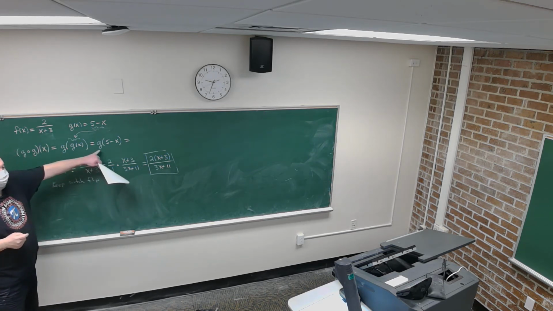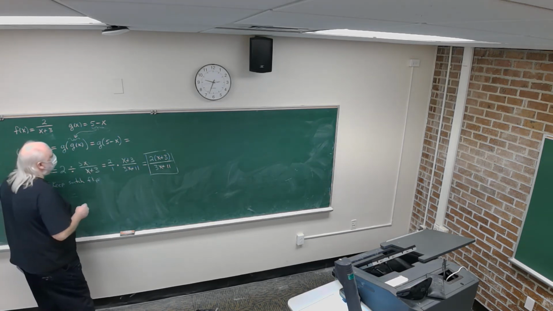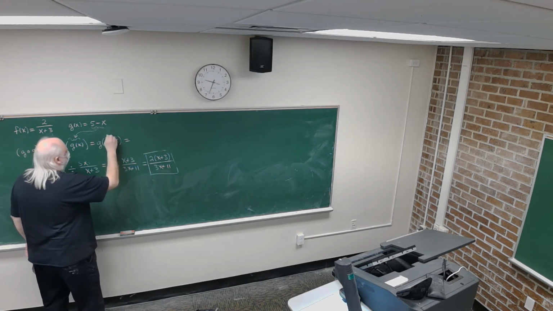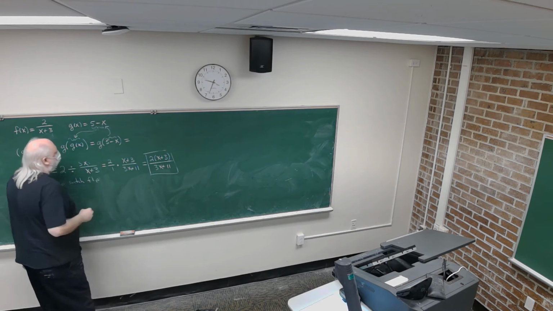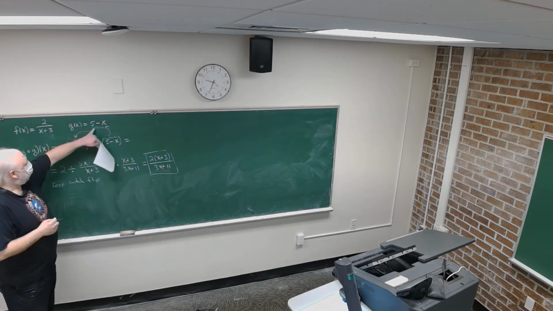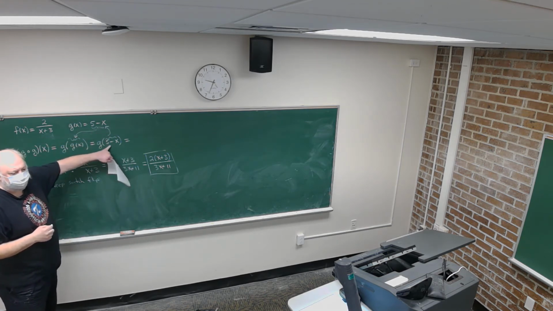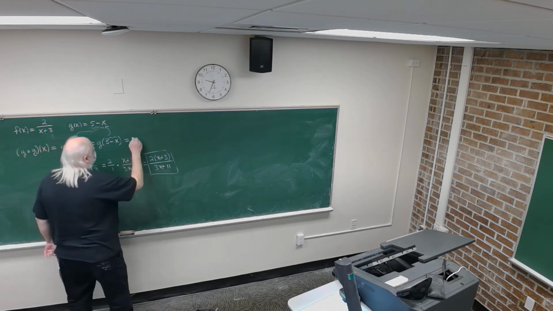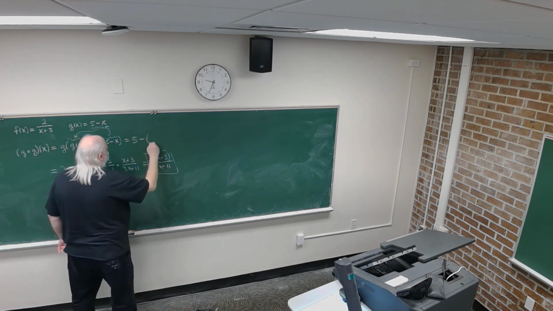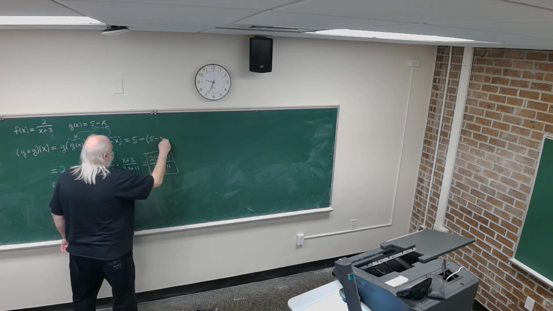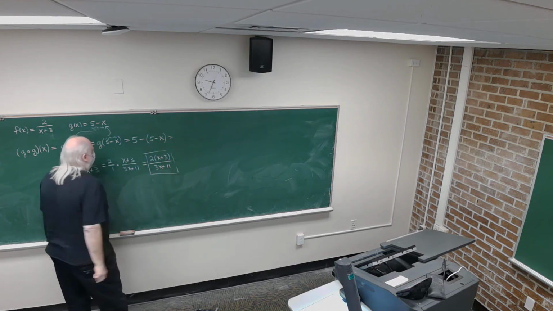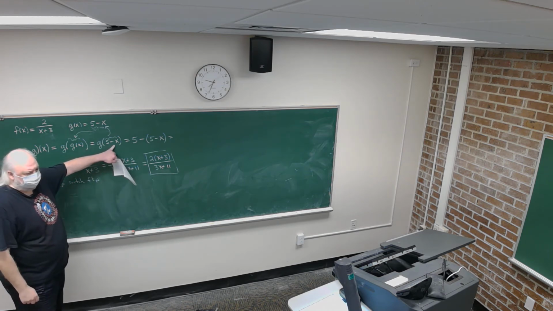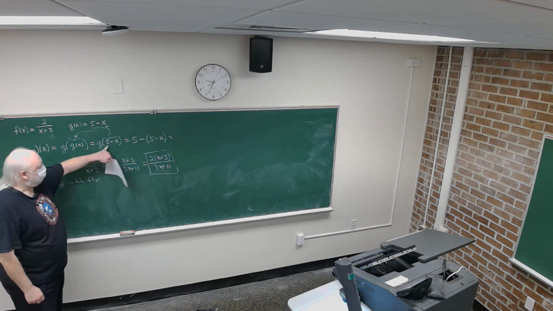Now to evaluate g of 5 minus x, we just replace the x on the right hand side of g of x up here with 5 minus x. So this is equal to 5 minus, in parentheses, 5 minus x. Because we're subtracting that entire quantity, 5 minus x, not just the positive.